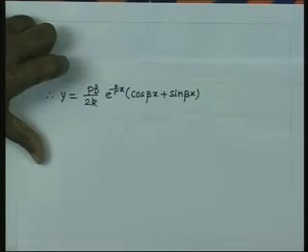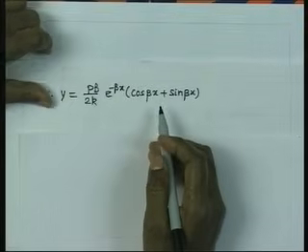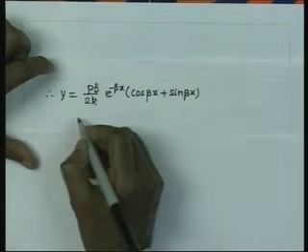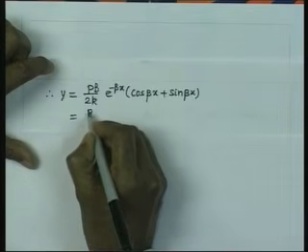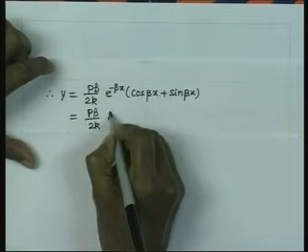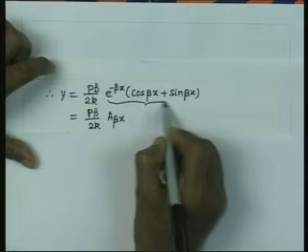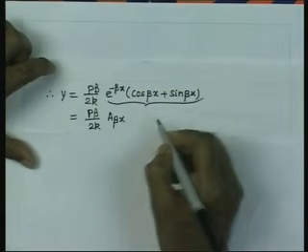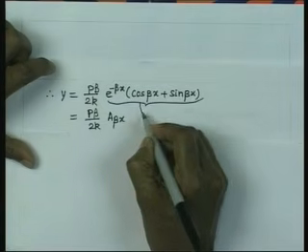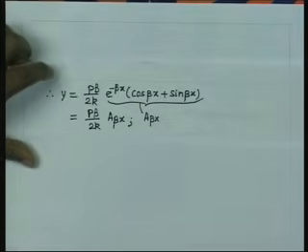Now, this is a standard function, and there are tables available for it. So it is many times represented as p beta by 2 k into A beta x. So this A beta x function is nothing but this one.